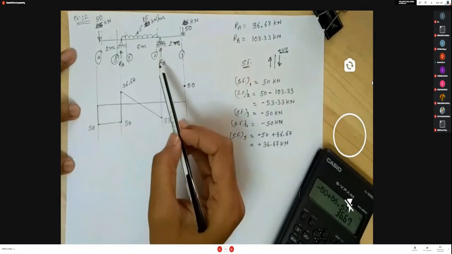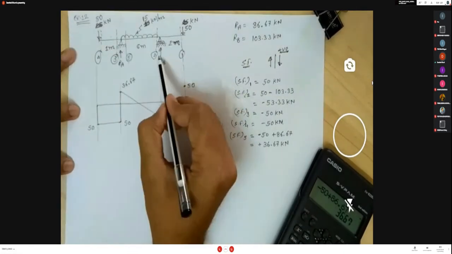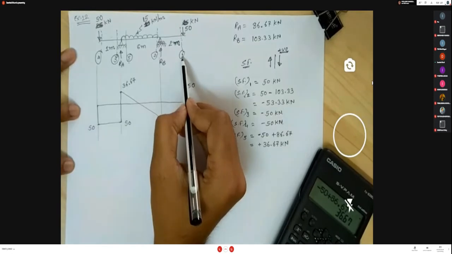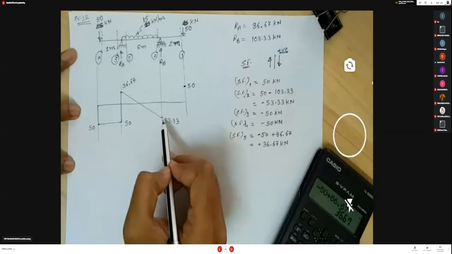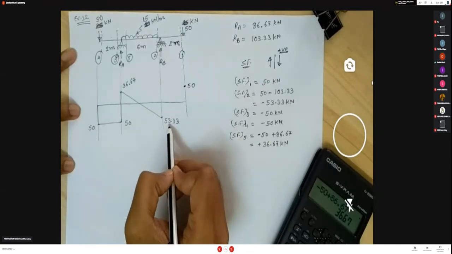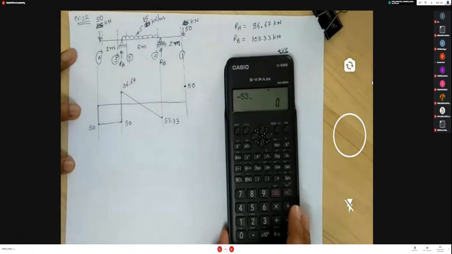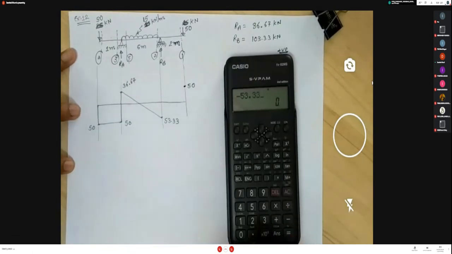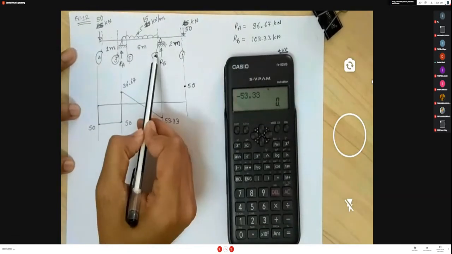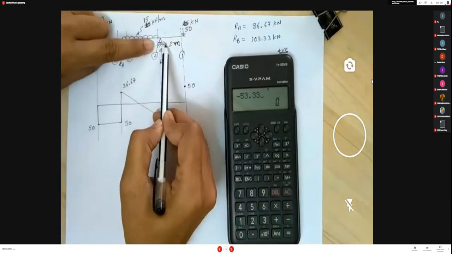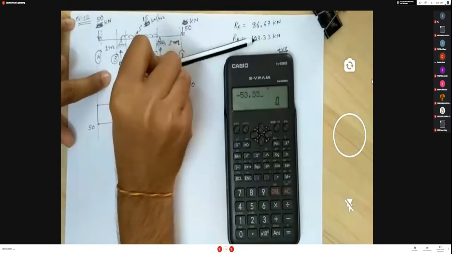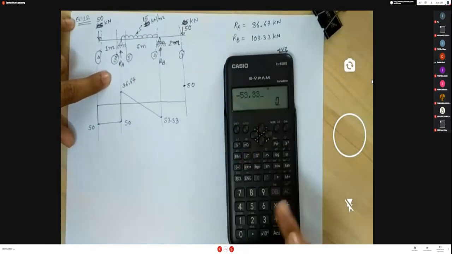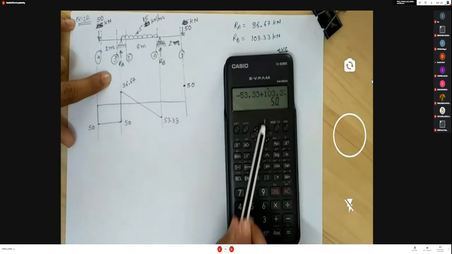And then after, between this 2 and 1, if you consider another section just right of this, your diagram instantly drops to minus 53.33. Here, this value. And if you move just right of this, the reaction RB is in the upward direction, and that is plus 103.33.